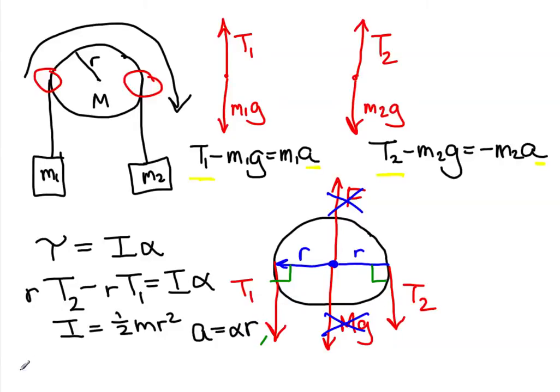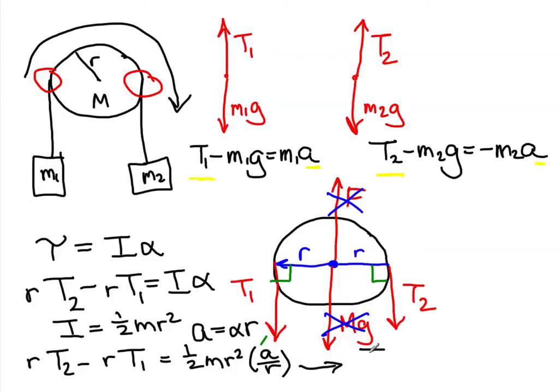And if we plug those both in there, we get R T2 minus R T1 is equal to 1/2 M r squared times a over r, which when you simplify that, you get T2 minus T1 is equal to 1/2. Oh, I just realized I used the wrong symbol. This should be capital M for mass. So this is going to be 1/2 capital M A.